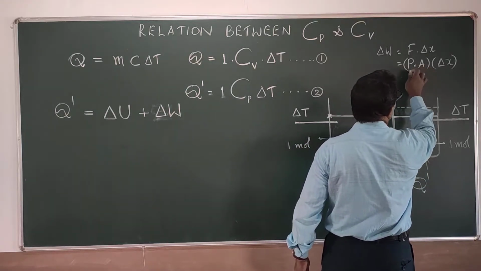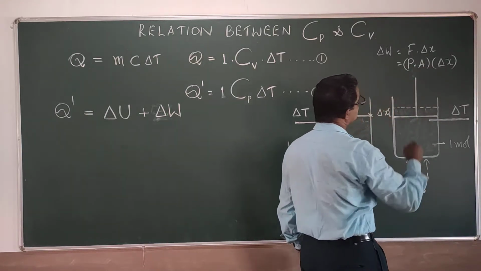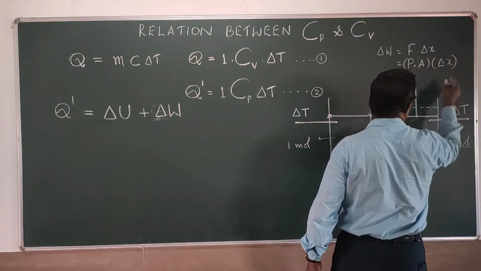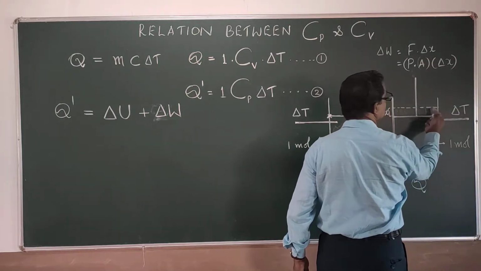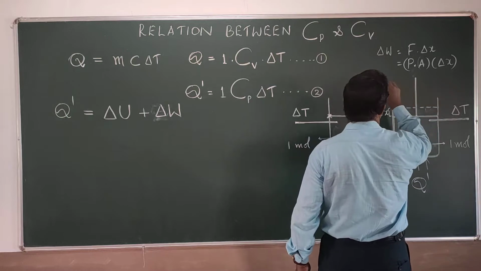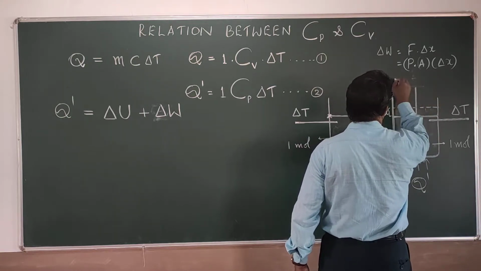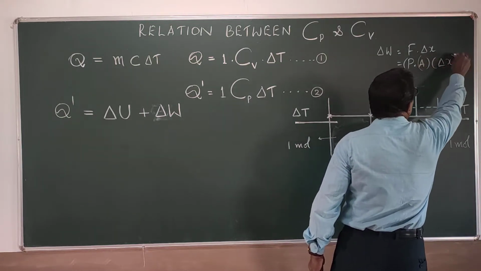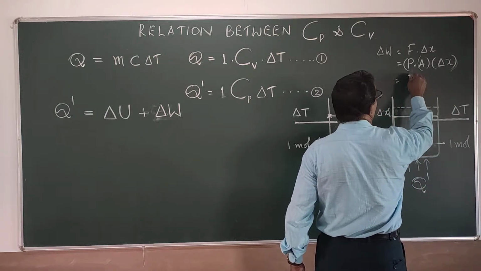So delta W equals P into A into delta X, and A into delta X, the area of the piston into delta X, is the volume change.